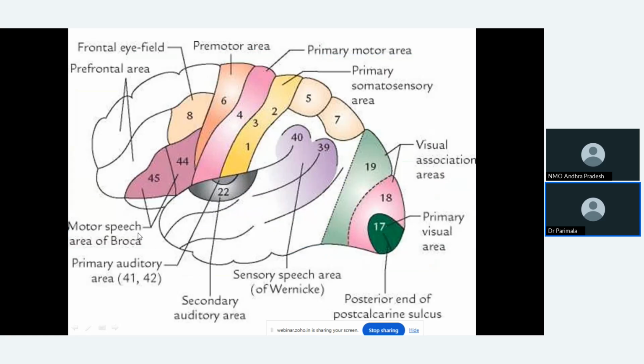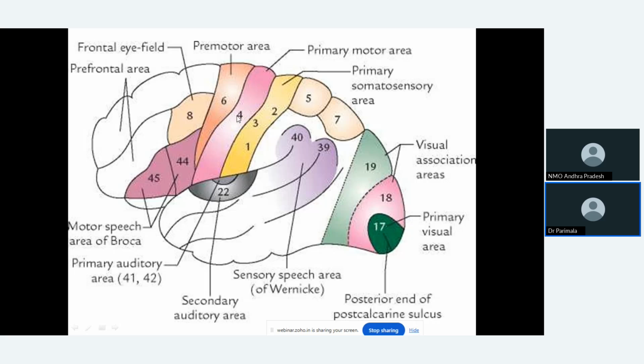So now the functional areas. I'll tell you in a simple manner about the functional areas of the cerebral cortex. I told you motor areas are in the frontal lobe, and touch sensory areas in the parietal lobe. First, let us finish the motor areas. The central sulcus, and in front of it the precentral gyrus.